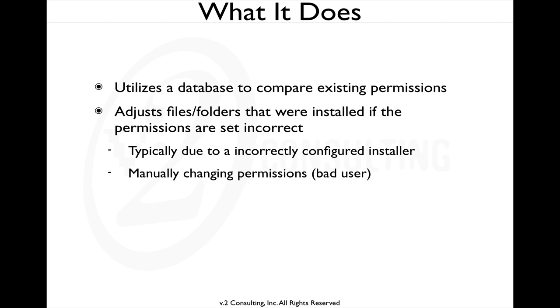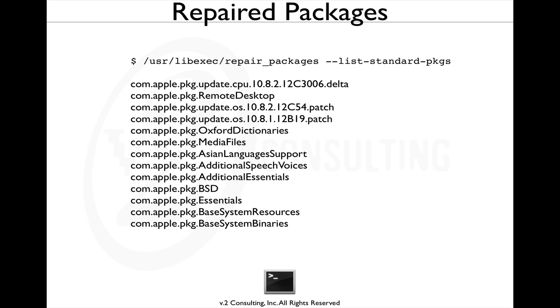There are a couple of different ways of seeing how RepairPermissions works, but we first need to know what actually gets repaired. The first thing you can do is run a command to list the standard packages that are repaired, via the command RepairPackages. In this case, we can see that we repair things like updates, Remote Desktop, Oxford dictionaries, additional speech voices, the BSD subsystem, as well as some of the essentials and base operating system information.